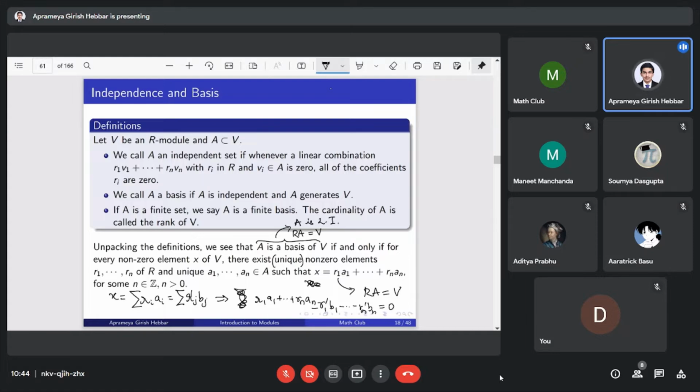By the independence, this would imply that each ri needs to be 0. So that means x would be 0. But we started with a non-zero element. So every non-zero element can be written uniquely as a finite R-linear combination of elements from A.